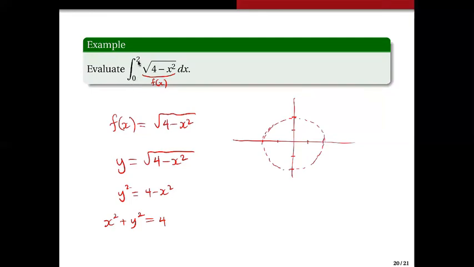Moreover, you only want the interval 0 to 2. So you just want from this point up to this point. So your f of x is simply this part of the circle, f of x equals square root of 4 minus x squared on the interval 0, 2.